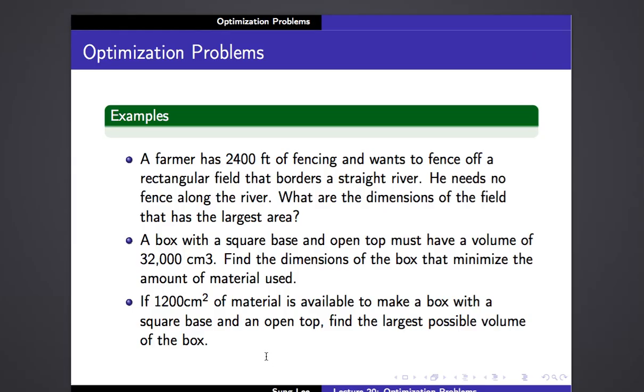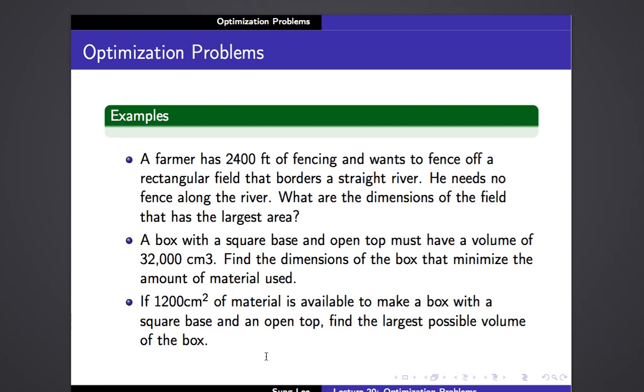Okay, so here's the next example. If 1200 square centimeters of material is available to make a box with a square base and an open top, find the largest possible volume of the box.